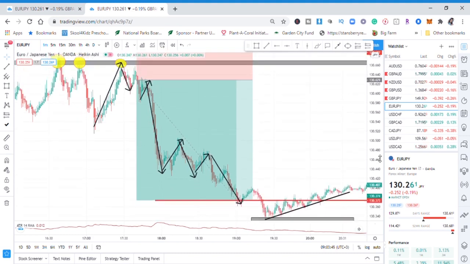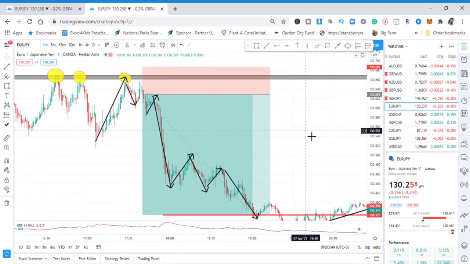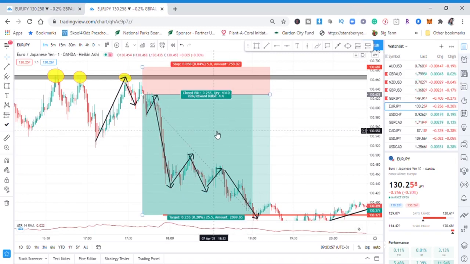So guys, just to tell you about this strategy, it doesn't require indicators. It doesn't require moving average. All it requires is you to understand the power of high highs, high lows, and low lows and low highs. That's all you need to understand.